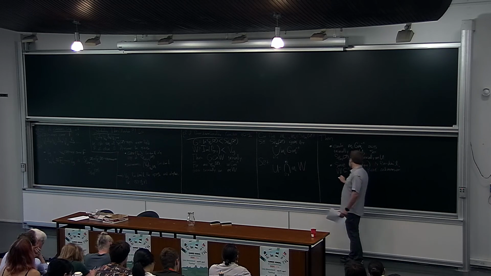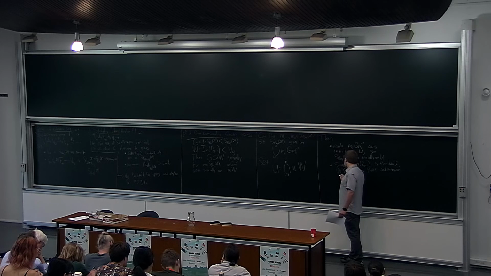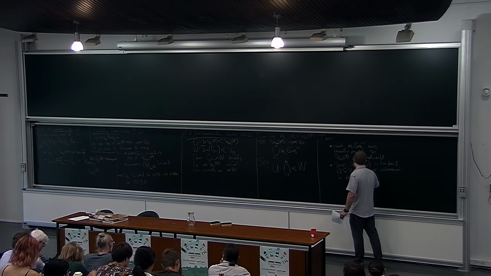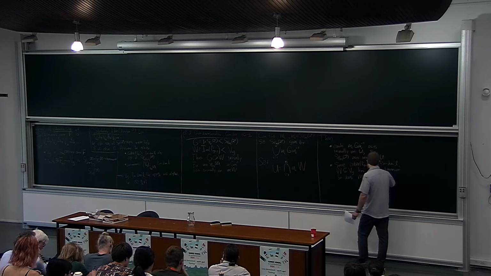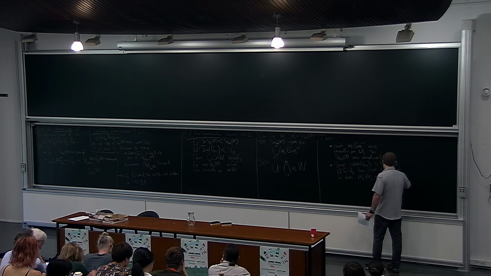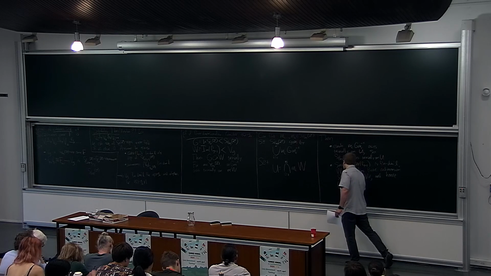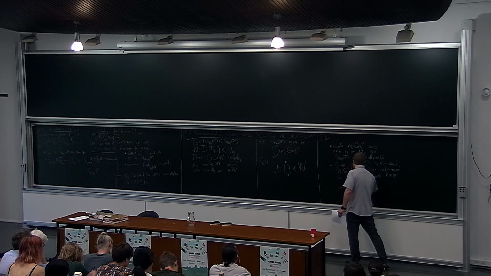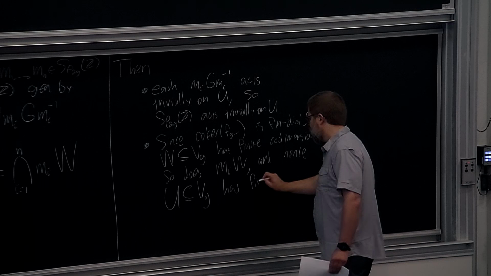So thus, so does its orbit, M_i W, and hence U inside V_g has finite codimension.